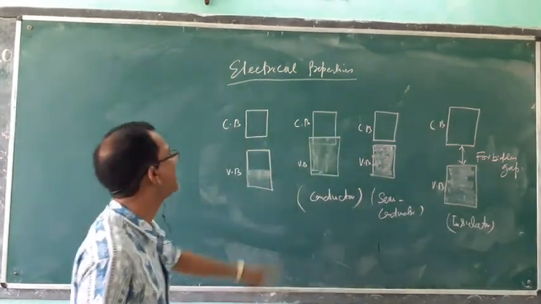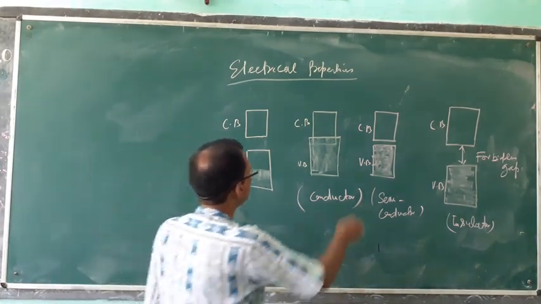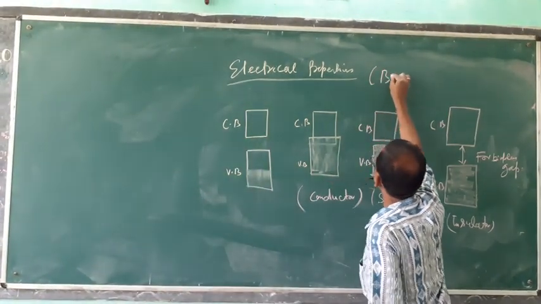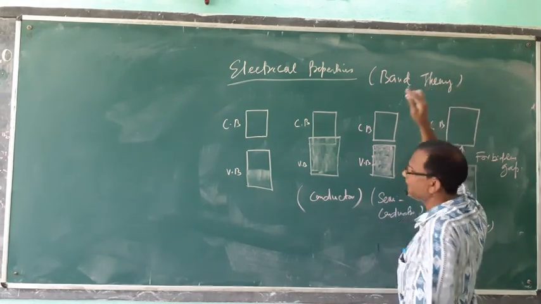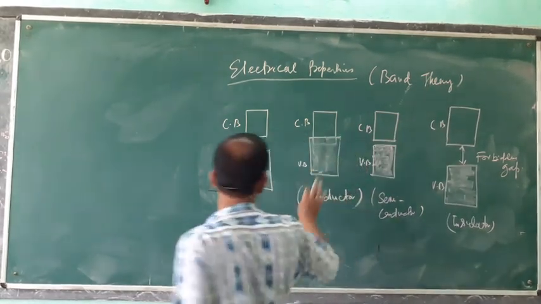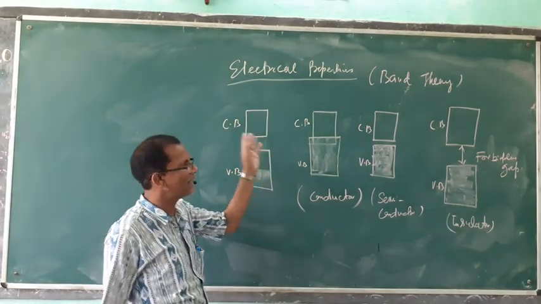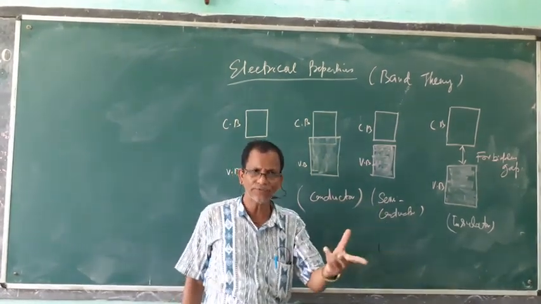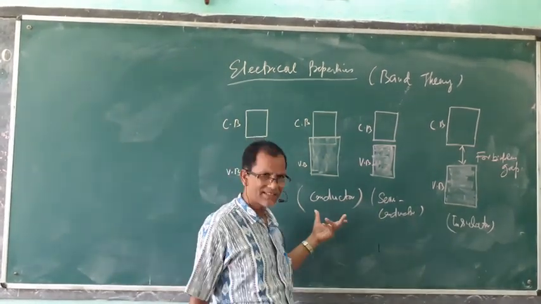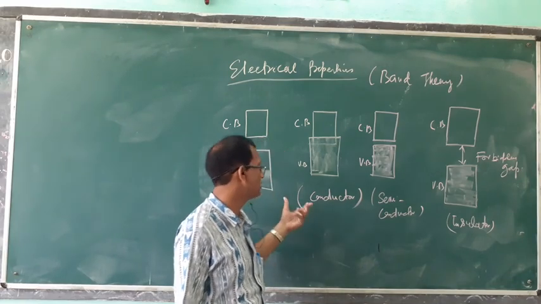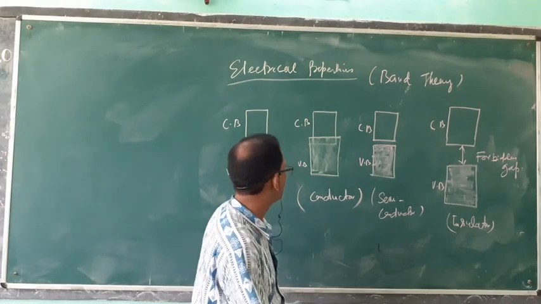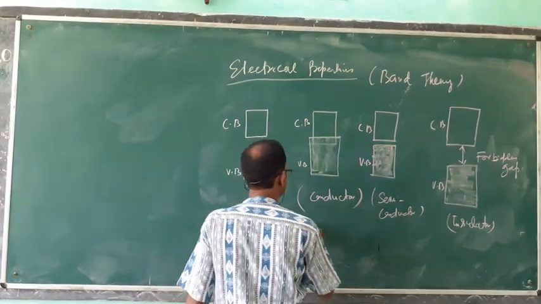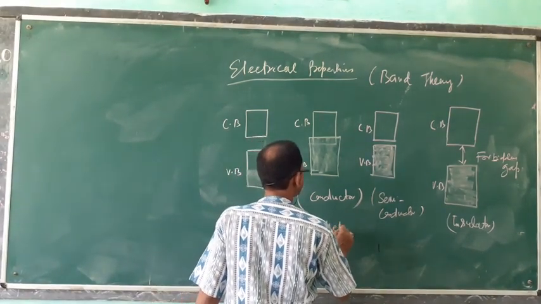So this is called band theory. If band theory is asked, you will explain like this. On the basis of band theory, there are three types of substances: conductor, semiconductor and insulator. Conductors are metals.